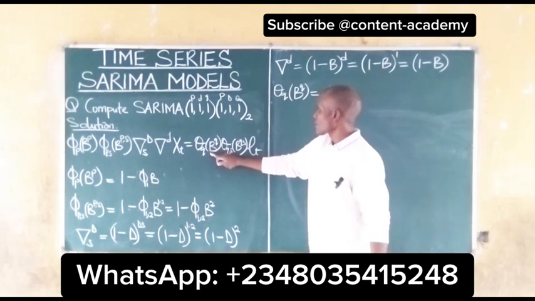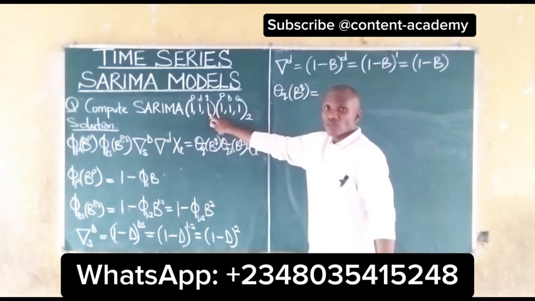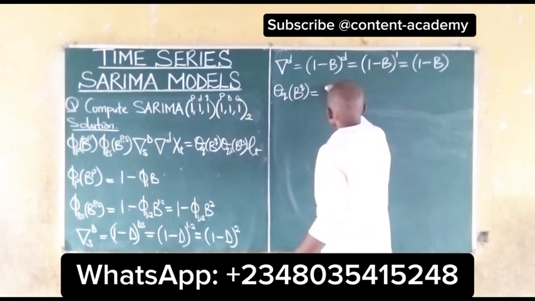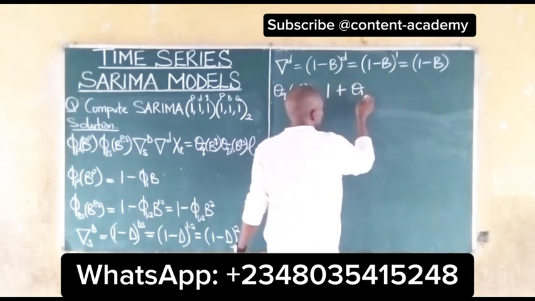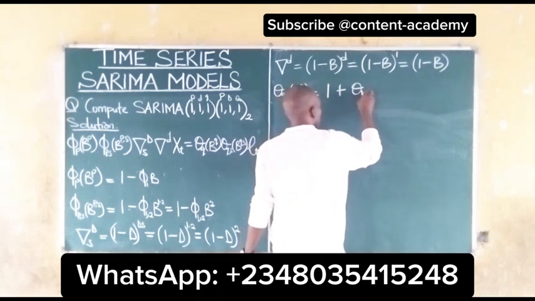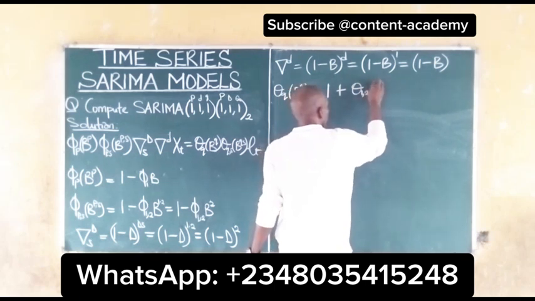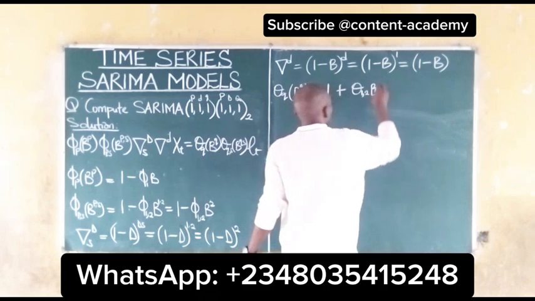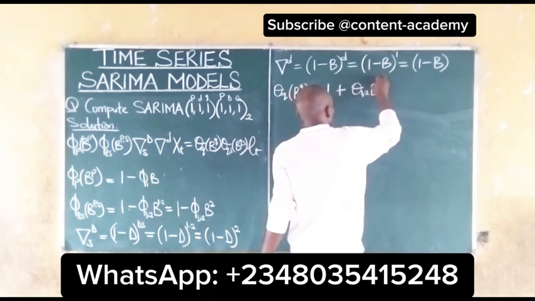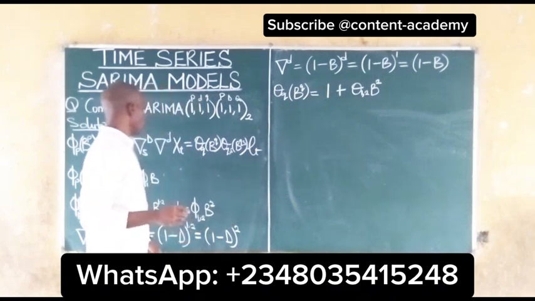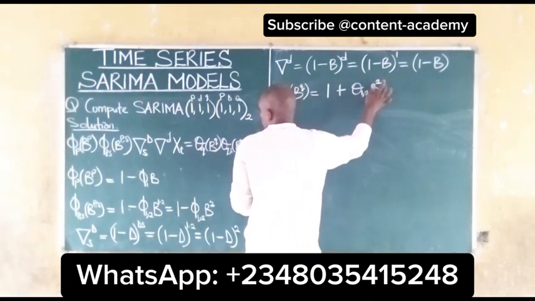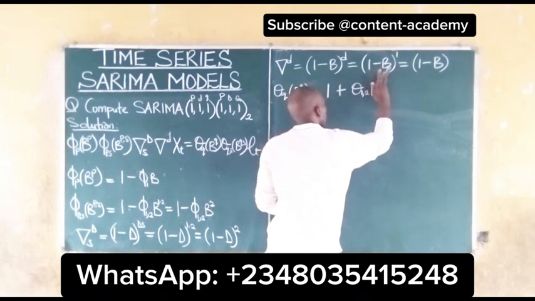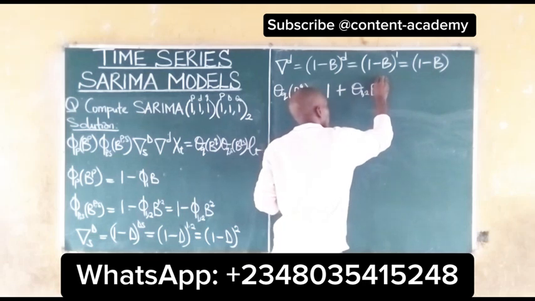So it will now be 1 plus theta 1, 1 comma s, that means 1 comma 2, then B raised to the power of 1 multiplied by 2.